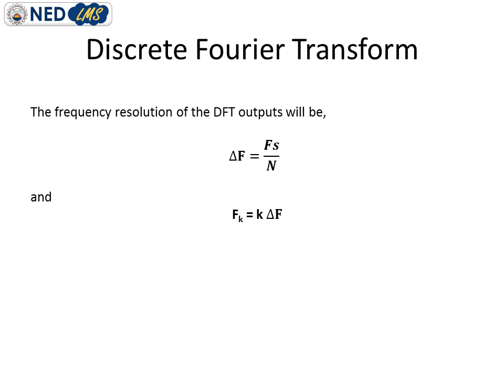Another important thing is the frequency resolution of the DFT output. This concept can easily be understood if I ask you to tell me the actual frequency components which are present in any provided signal. You will not answer me in terms of k, because k is just an integer value, it is not representing the actual frequency.